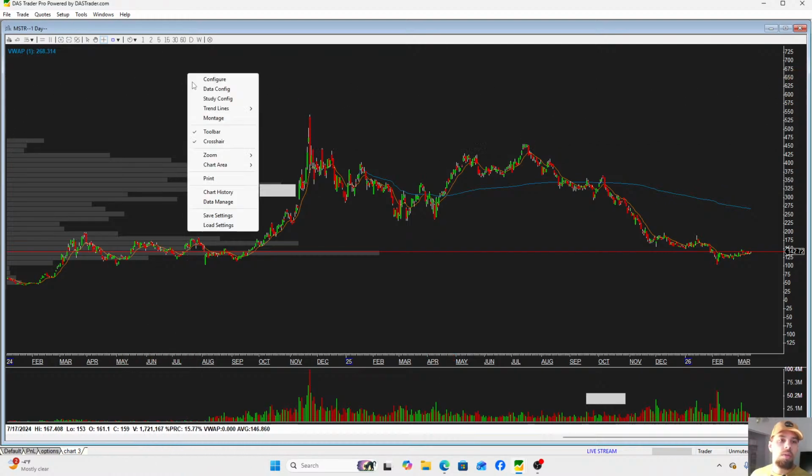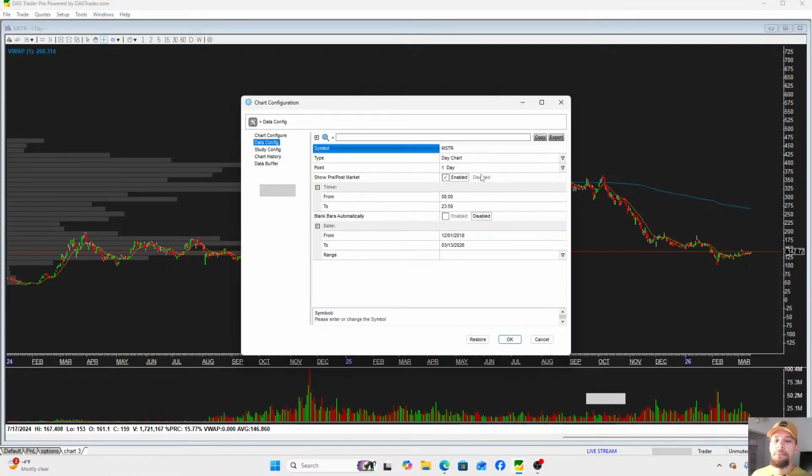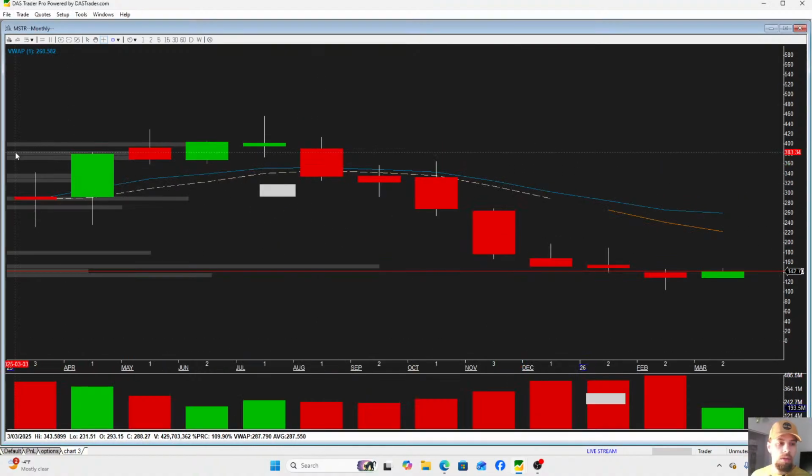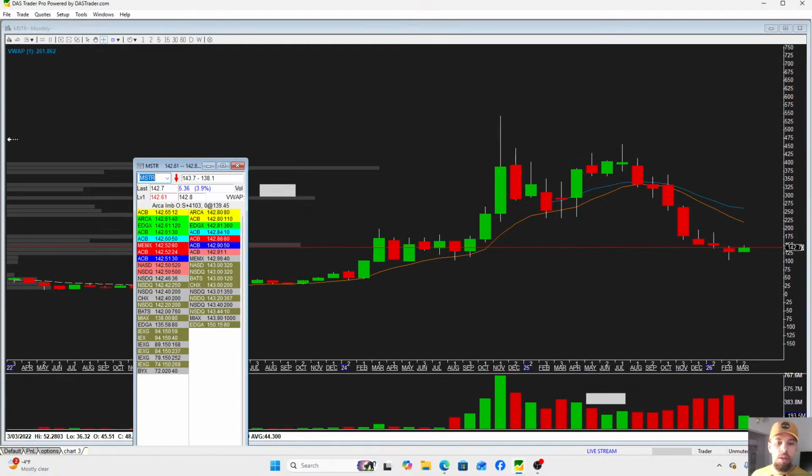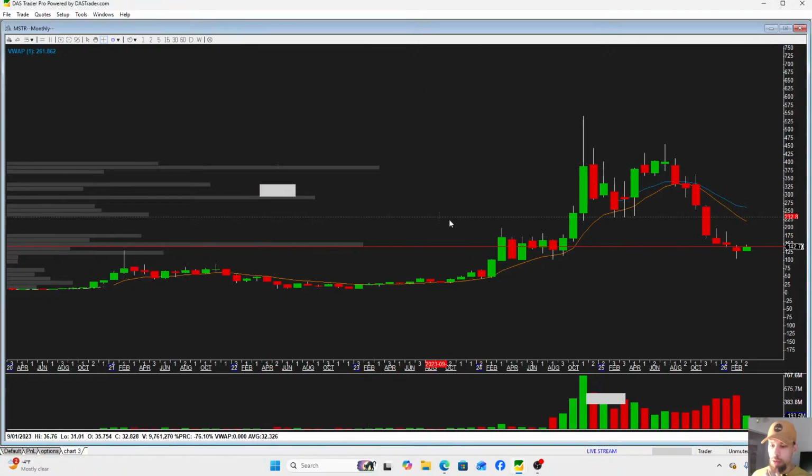Let's go to the monthly chart. Okay, monthly chart. I think a good area of support here for this guy would be, a lot of big body candles here.